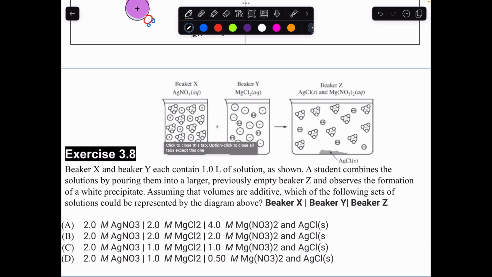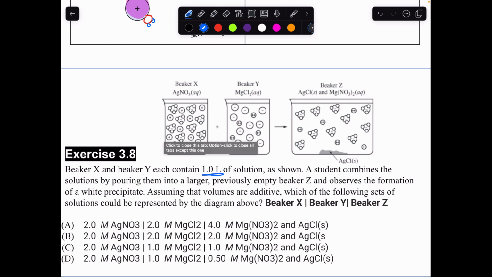All right, so this says beaker X and beaker Y each contain 1 liter of solution. A student combines the solutions by pouring them into a larger previously empty beaker and observes the formation of a white precipitant. Assuming that the volumes are additive, which of the following sets of solutions could be represented by the diagram above?